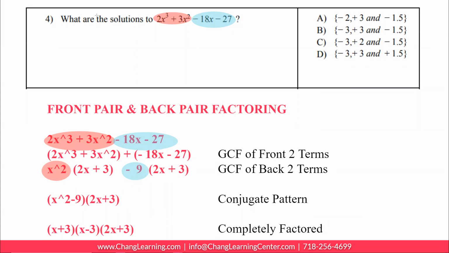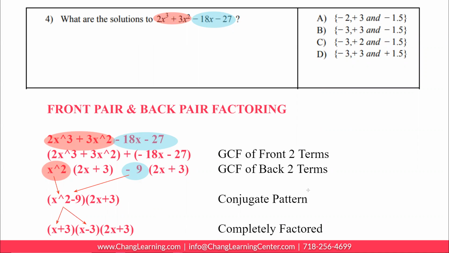Now we can make the new binomial pair for these four terms: (x squared minus 9) times (2x plus 3). Since this is a conjugate pattern, x squared minus 9, we can rewrite that as (x plus 3) times (x minus 3).